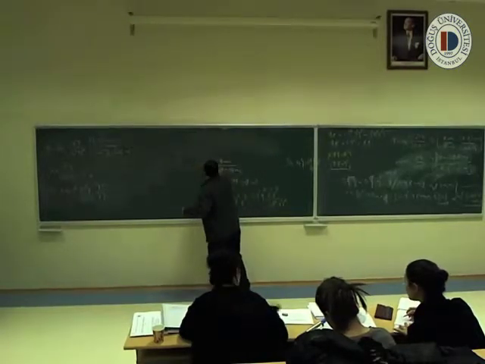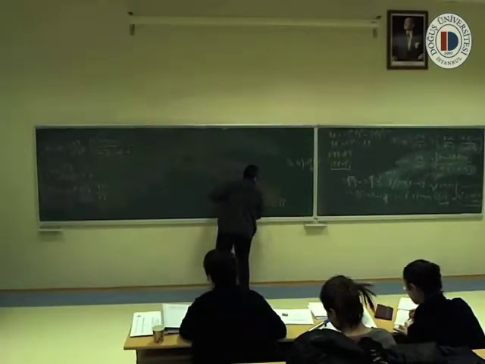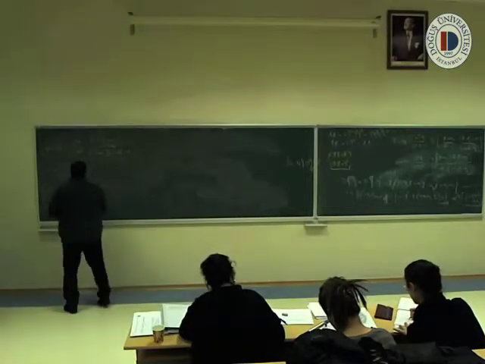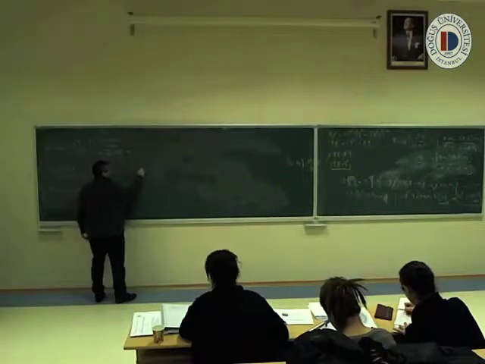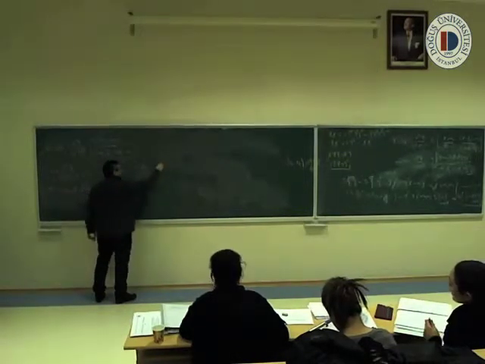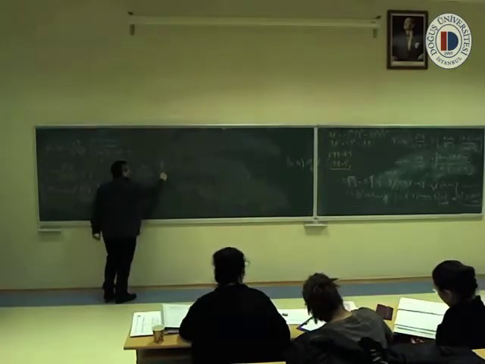So we have another integral here. The third integral is d4q over (2 pi)^4 q square over ab.